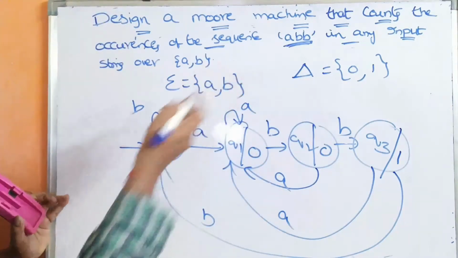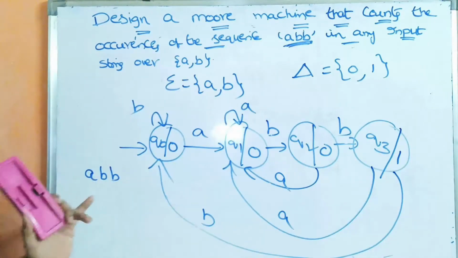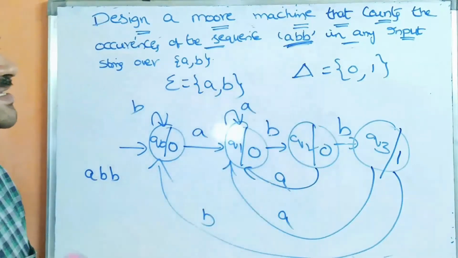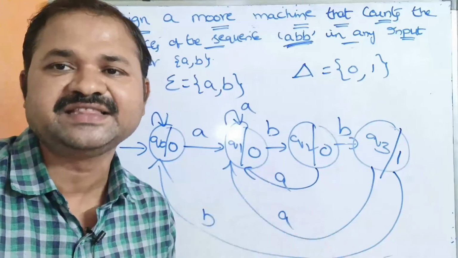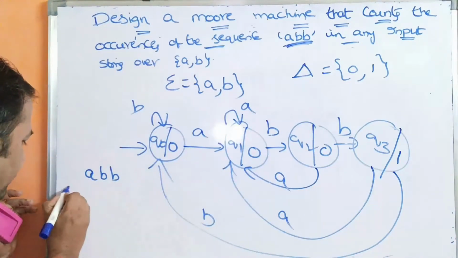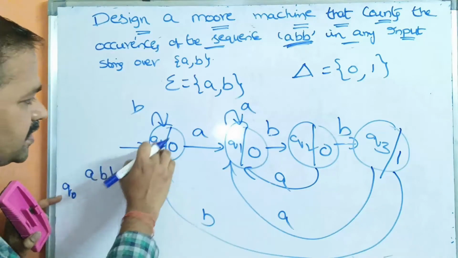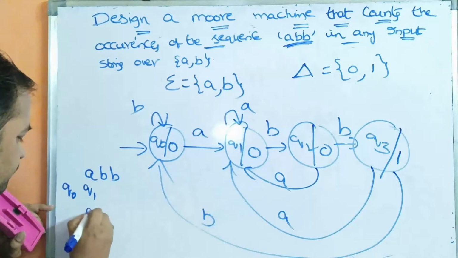For that, let us take an input string. Let the string be ABB. Here, ABB is the sequence, so ABB occurs one time. Now let's check whether we are getting that output or not. First we always start from the initial state, that is Q0. Q0 on A goes to Q1. What is Q1 output? 0.